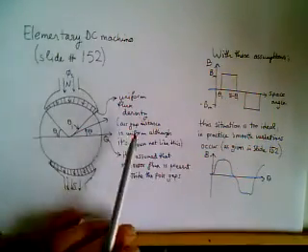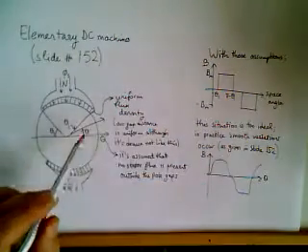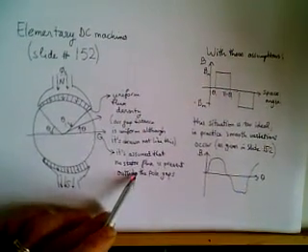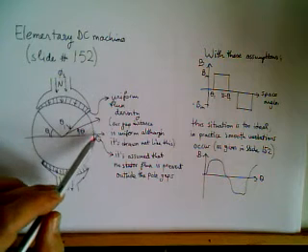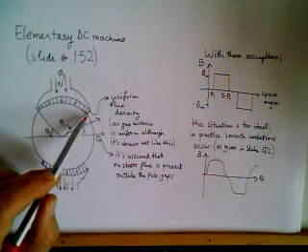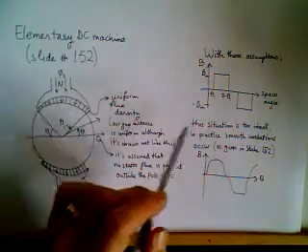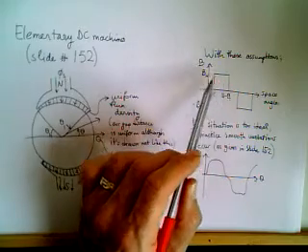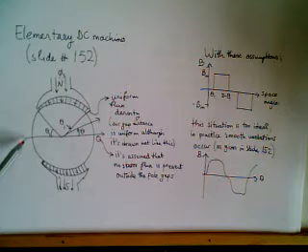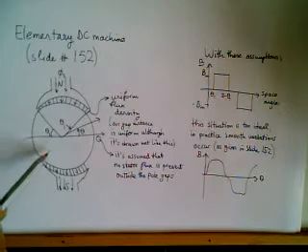With these idealistic assumptions, from space angle 0 to 2 pi, the flux is assumed to be 0, so the B field is assumed to be 0, and under the pole B is assumed to be constant with a magnitude B sub m, and again 0 from pi minus theta 1 to pi plus theta 1.